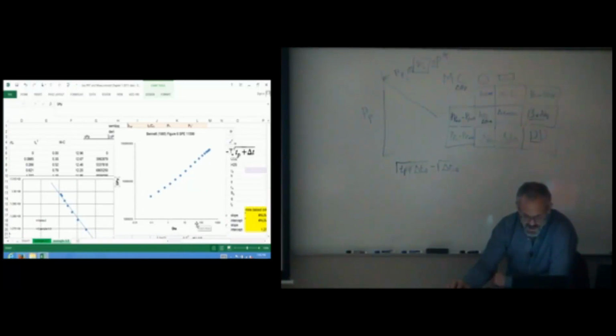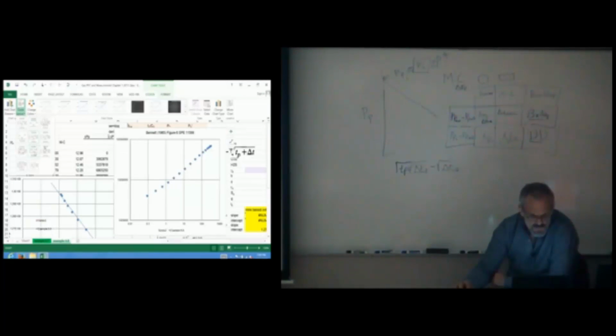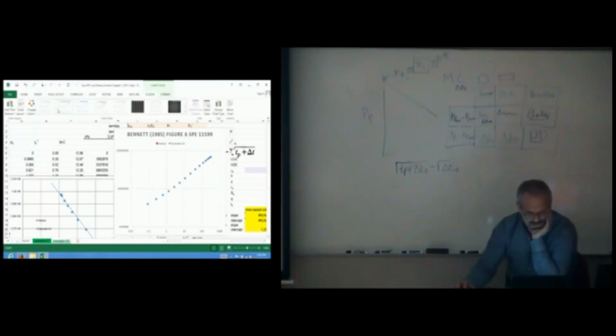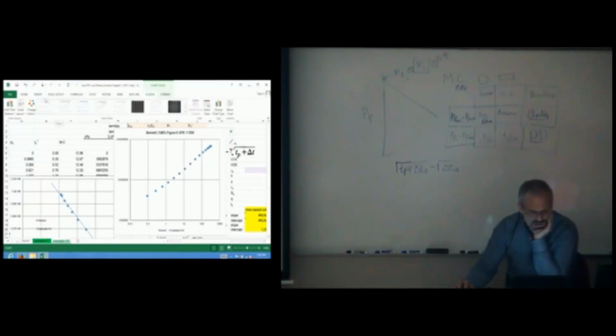I'm going to put my grid lines on it, and the reason I'm going to put my grid lines on it is I'm going to look for slopes.